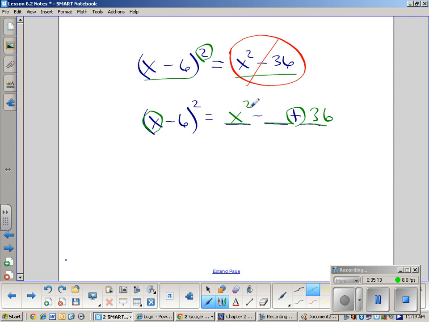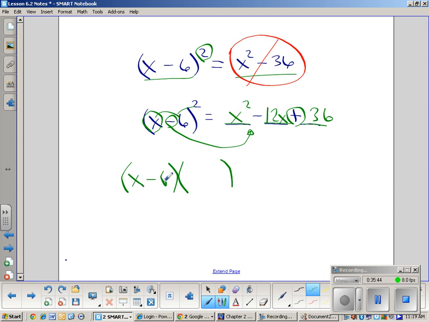But that middle term is going to have the same sign as this one. And how I get that middle term, the shortcut method we used to call it, I multiply x times 6, times 2. No, I didn't say square it. I said 6x times 2. So I get 12x.